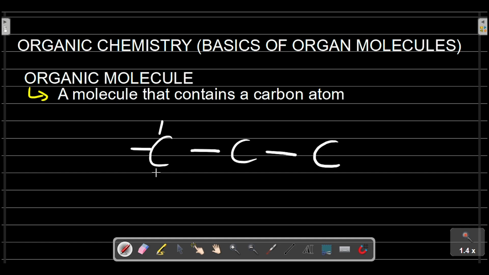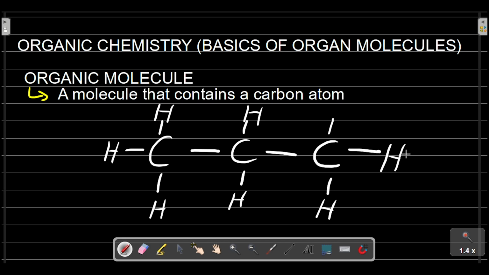So I'm going to have 1, 2, 3, 4 bonds and fill the rest up with hydrogen. So 1, 2, 3, 4 bonds. So these 2 bonds would have hydrogen. There's 1 bond here for this carbon, and 2, 3, 4.